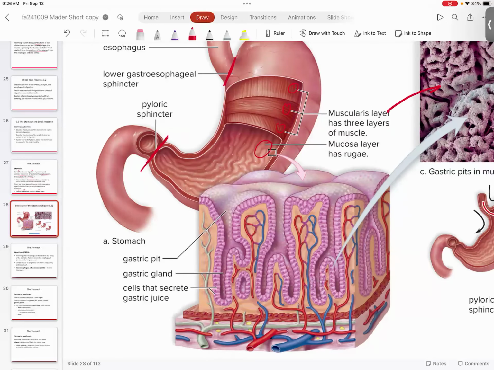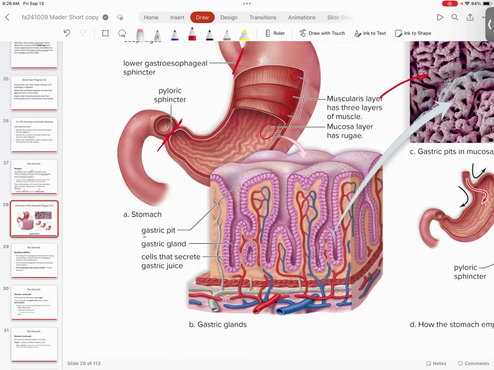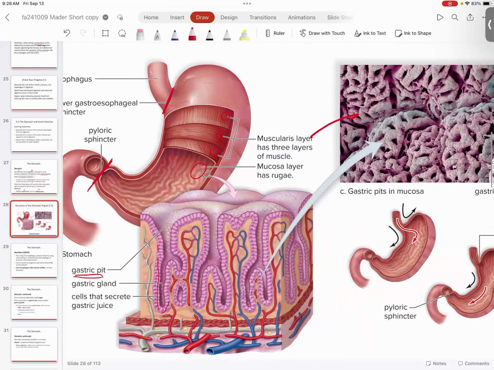Now, the functional unit of the stomach is what's called the gastric pit. The gastric pit basically is an invagination of the mucosal layer of the stomach. The epithelial layer of your mucosal layer will dip down and create this long shaft-like pit. Those are the holes you're seeing in this electron micrograph.